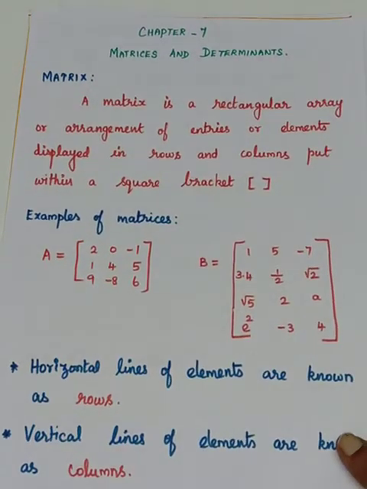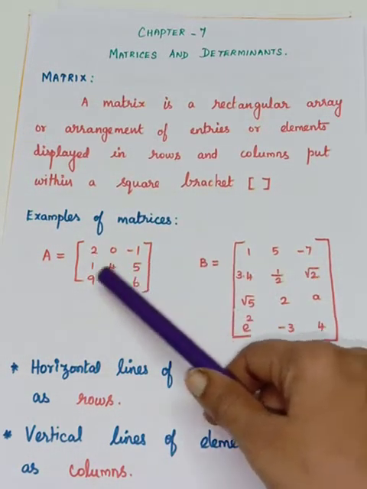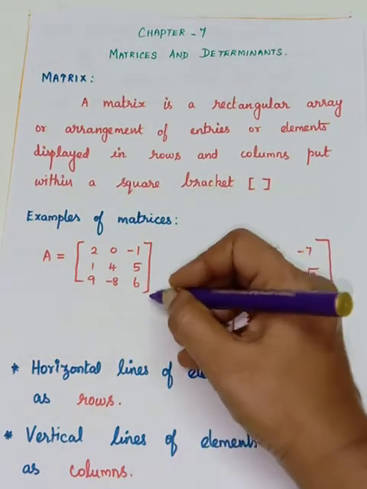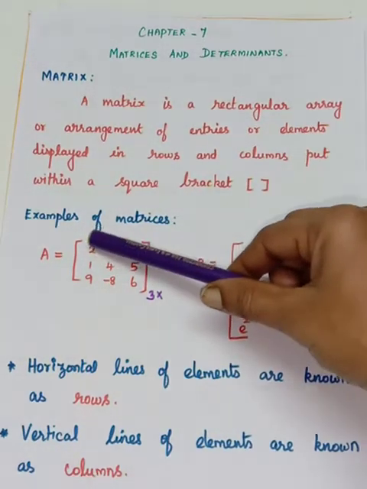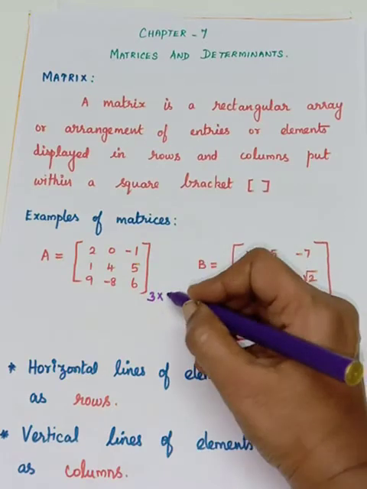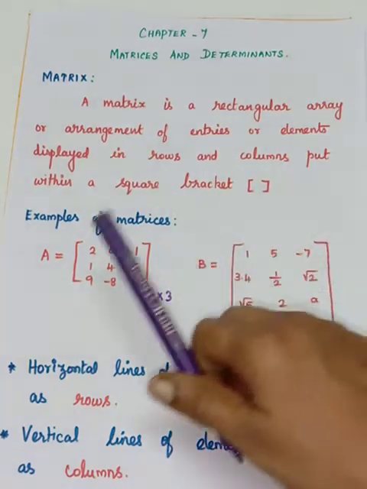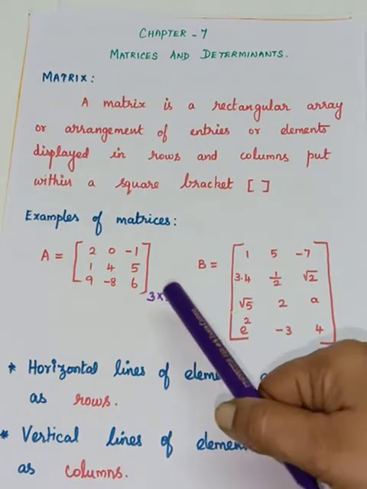Take the example. You see now matrix A. How many rows does it have? What is a row? It's the horizontal lines of elements. So here you have the first row, second row and third row. So it has 3 rows. And how many columns does it have? First column, second column and third column. So the order or size of the matrix A is 3 by 3.